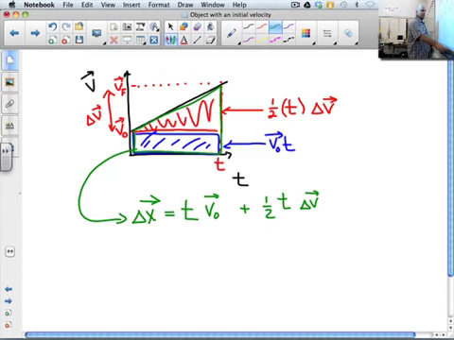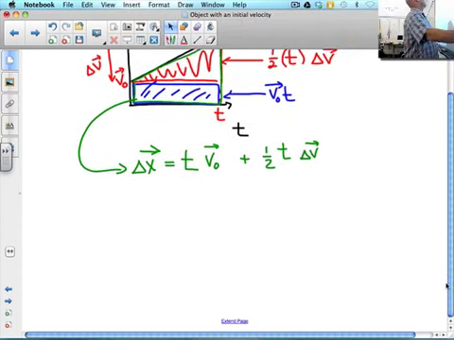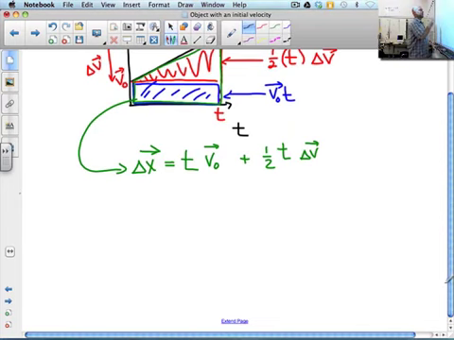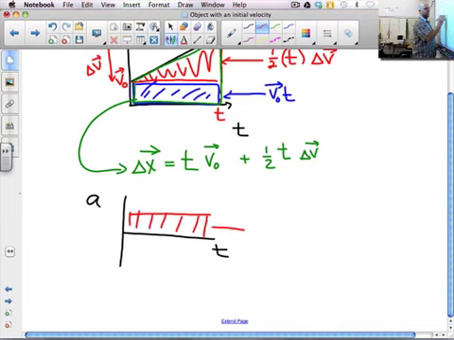Okay? And I can make this equation a little bit cuter if I refer to my acceleration graph, which should look like this, right? And you'll recall that this area is my change in velocity, all right? So change in velocity is going to be whatever my acceleration is times whatever my time is, okay?